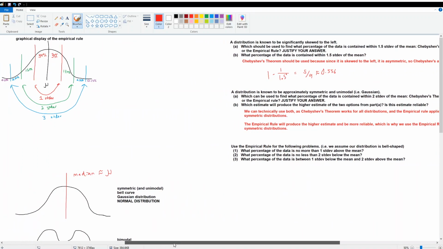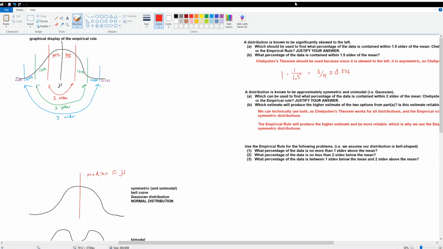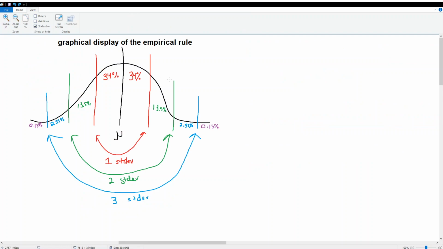Finally, for our last one, I'll have these both here on the same screen so you can see. What percentage of the data is no more than 1 standard deviation above the mean? Well, in this case, no more means less than or equal to 1 standard deviation above the mean. This is our cutoff. So if I zoom in, that's our cutoff. It'll be everything to the left of it.